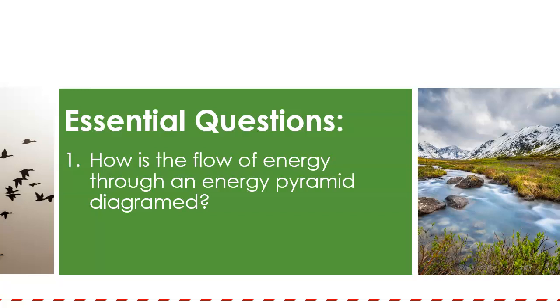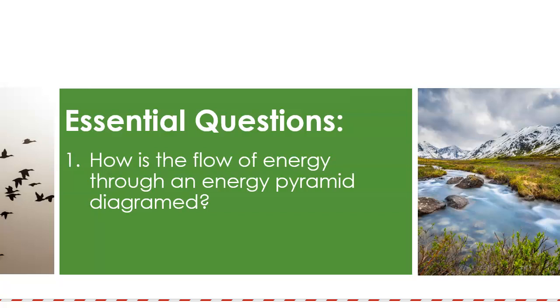In this particular lesson, we're going to look at how energy pyramids can diagram the flow of energy through an ecosystem. So our essential question is: how is the flow of energy through an energy pyramid diagrammed?